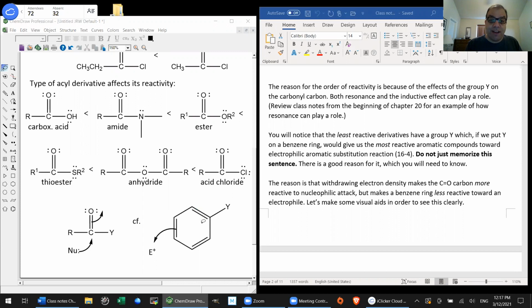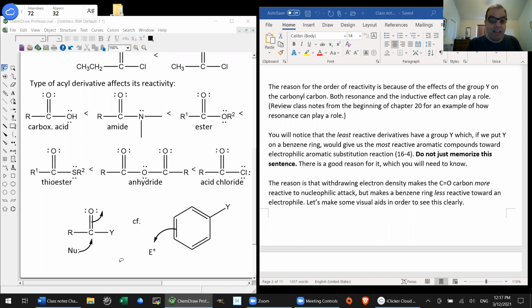Here we're expecting the benzene ring to give up an electron pair, as compared to the reactivity of that same group Y on an acyl derivative in a nucleophilic acyl substitution. There, the carbonyl carbon is going to accept an electron pair from a nucleophile. Over here, we have our organic species giving up an electron pair towards an electrophile.